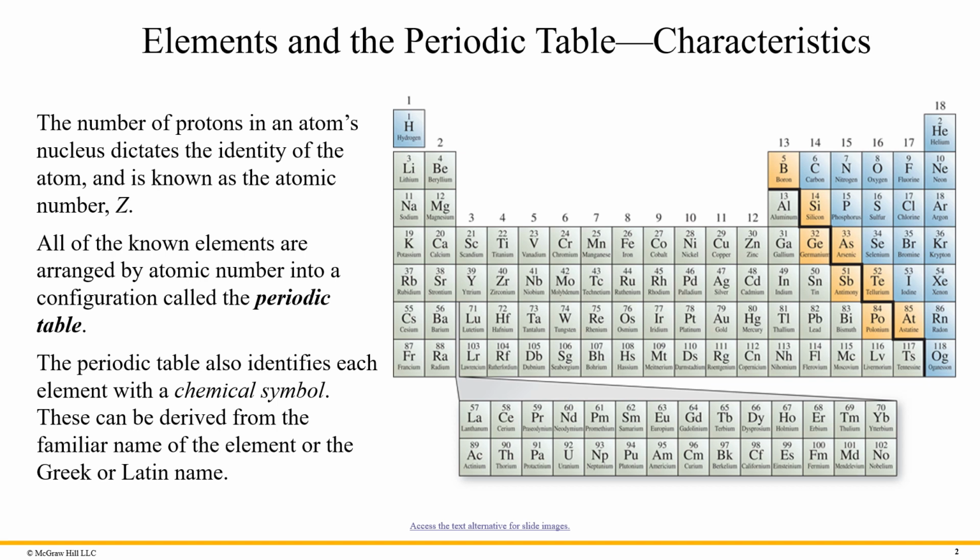If I move to the next element, which is helium, helium has a number 2 above it, which means it has 2 protons and a Z number of 2. Lithium is element number 3, so it has a Z number of 3, which corresponds to 3 protons, and so on and so forth. All of the known elements in nature are arranged by the atomic number in this configuration here.